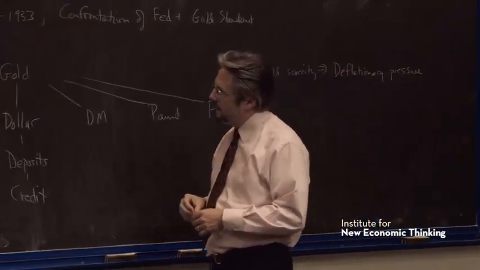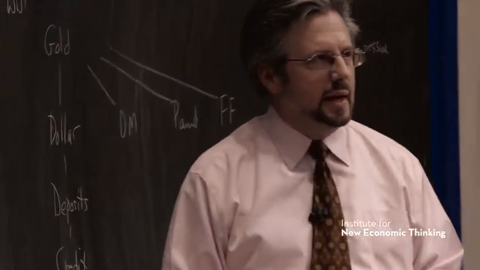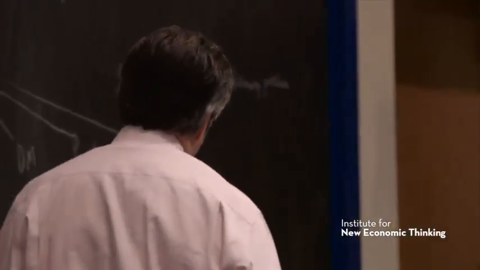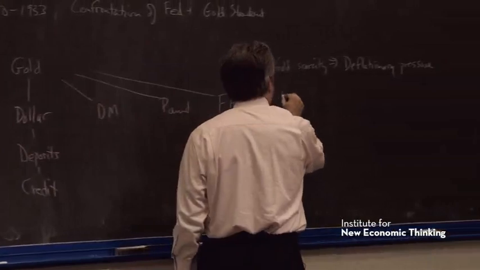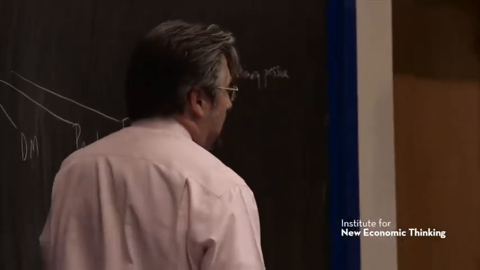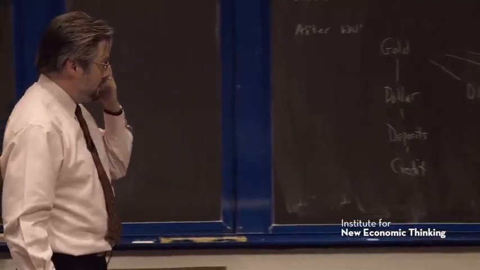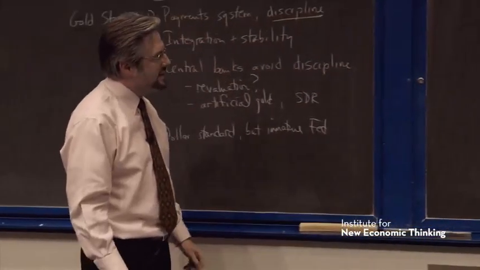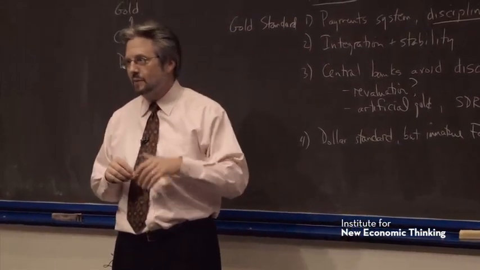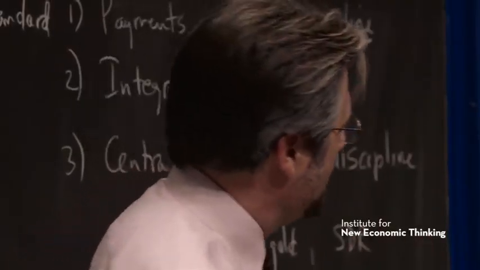In 1931, the key mistake, according to Mundell, was made by the Fed, when the Fed tried to defend the gold standard by raising interest rates in the middle of a deflationary episode. So it adds insult to injury there.